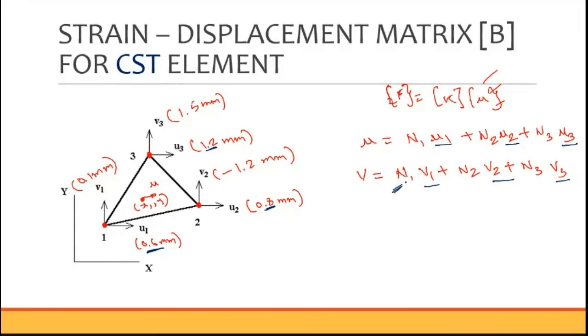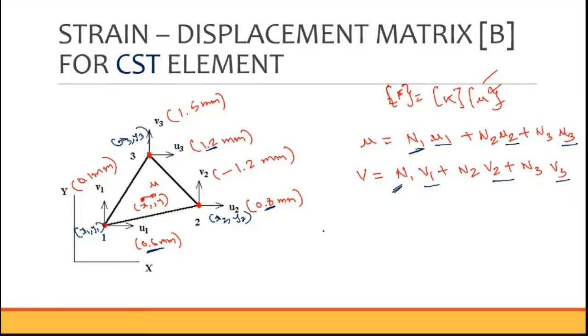Now, how do we identify N1, N2, N3? This deals with the coordinate points. This one is x1 comma y1, this is x2 comma y2, and this third one is x3 comma y3, right?